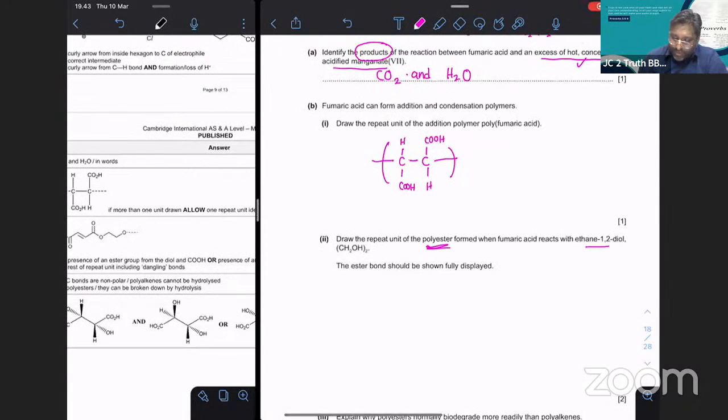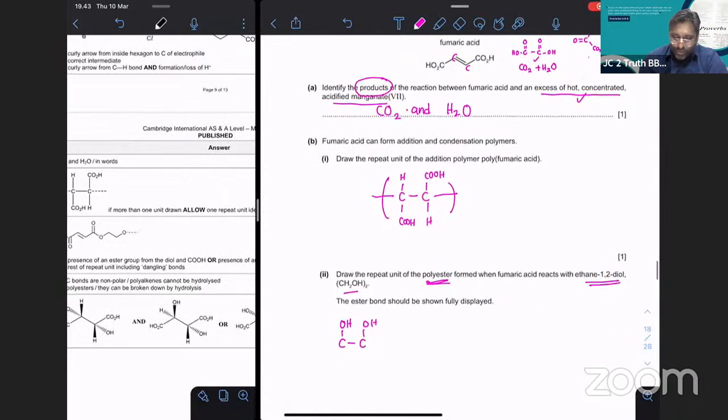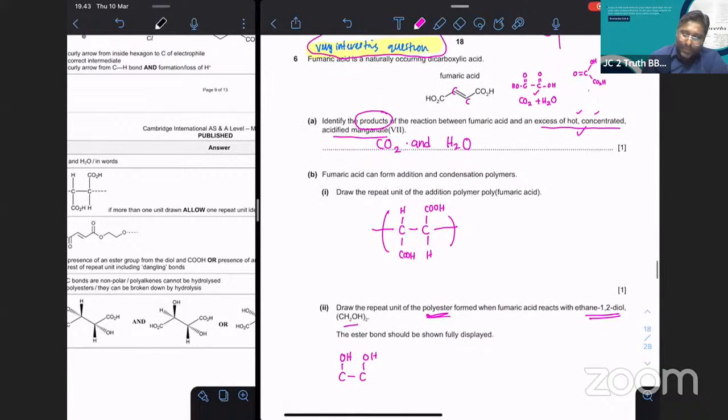Ethane 1,2-diol. So what is ethane 1,2-diol? They even help you over here. So ethane, carbon 1,2-diol. Why 1,2-diol? Because later part there's a question. A diol can be formed if you use dilute, cold conditions.